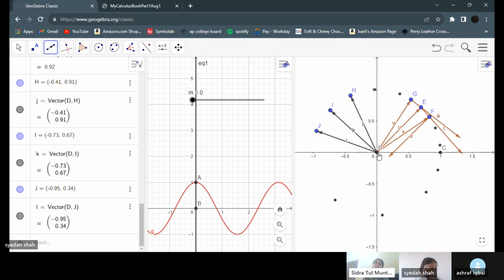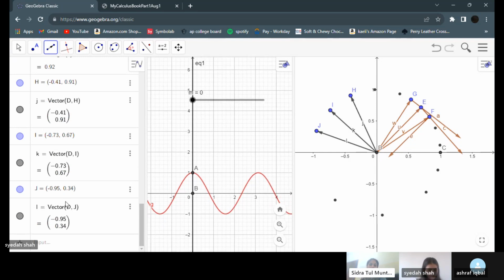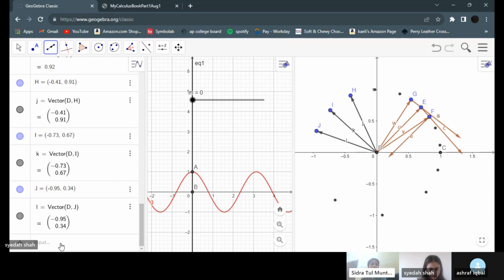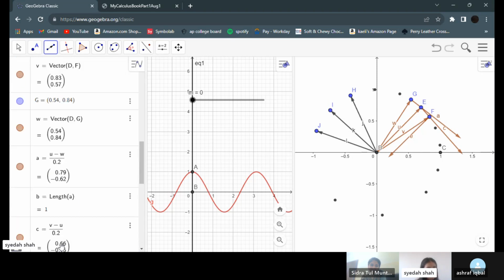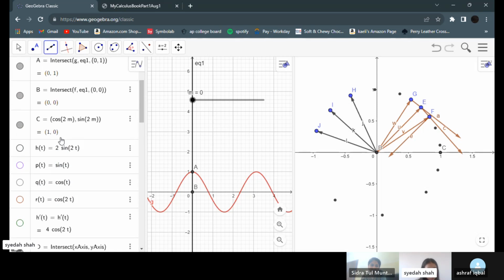Okay, so now you can find the velocity of these vectors and the acceleration of it, and then find out what the magnitudes of those velocities and accelerations are. What do you think the magnitudes would be? I think they are going to be 2, because we changed the circle to cos 2t and sine 2t.